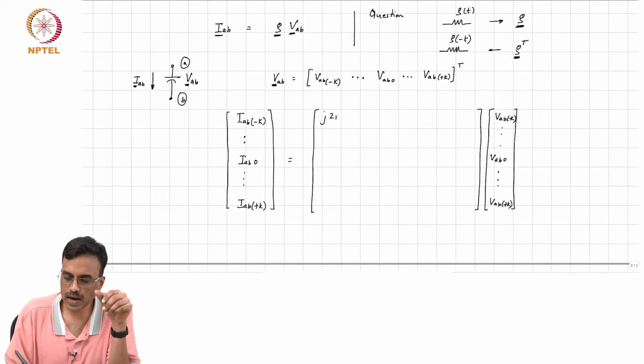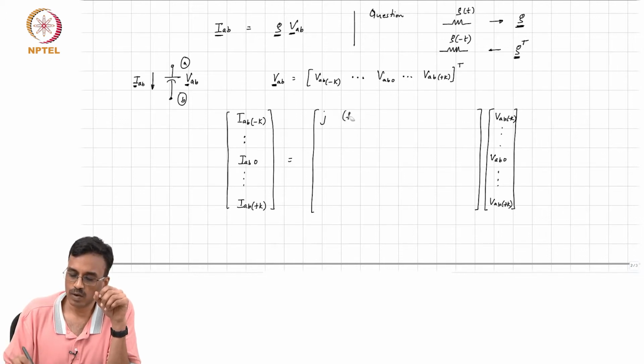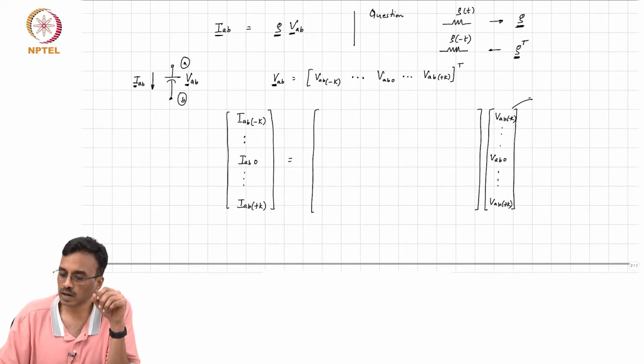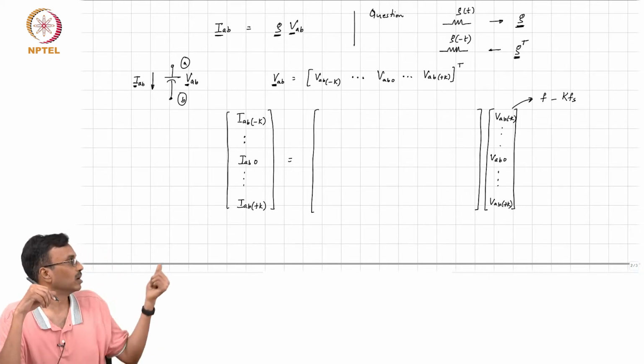J 2 pi F plus or minus? The voltage is at what frequency? F minus capital K Fs.